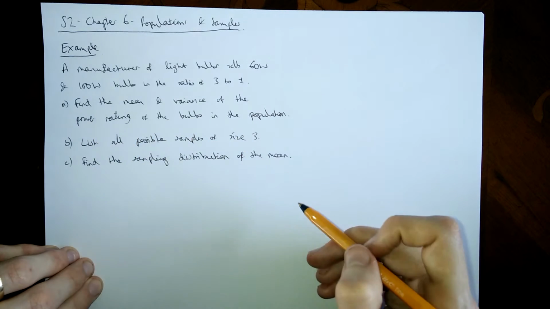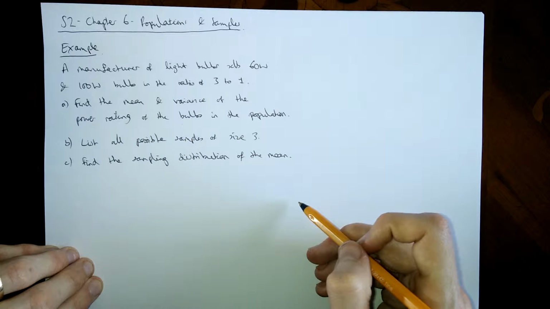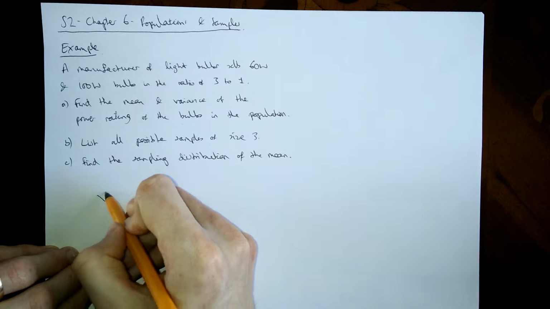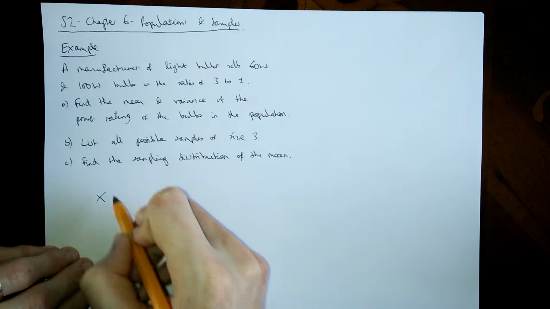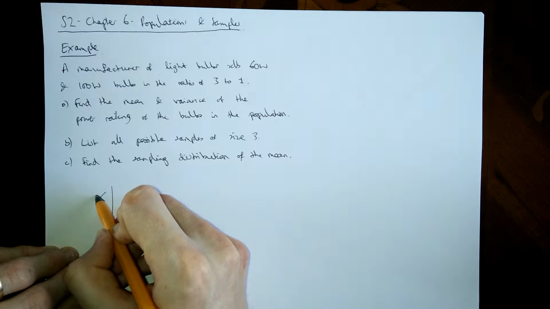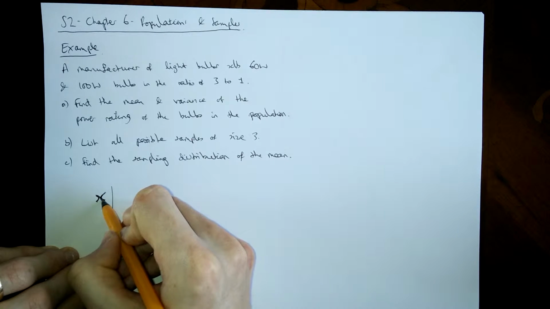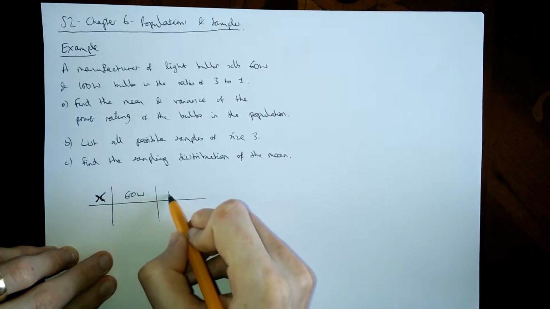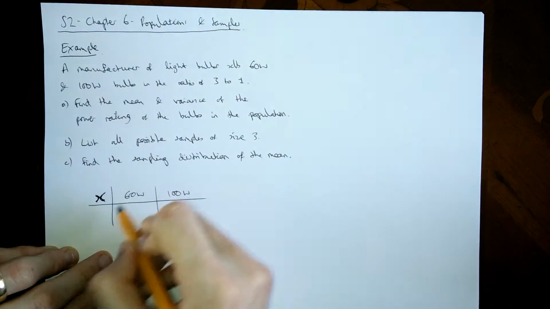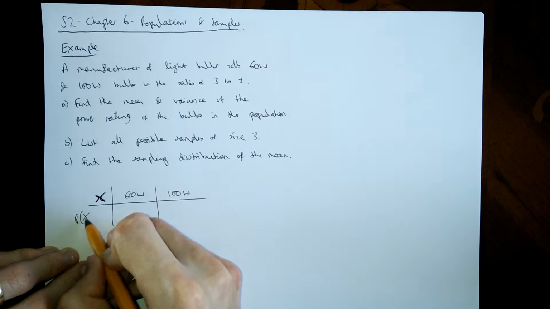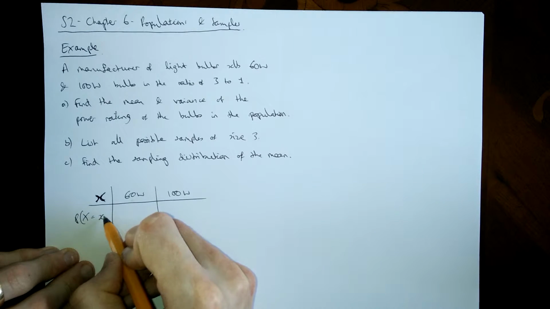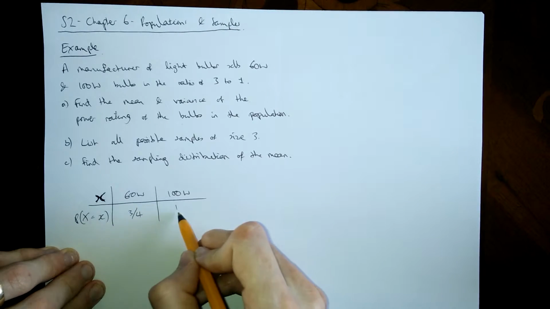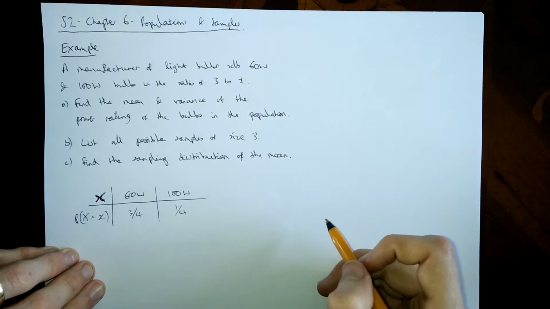So this first part A is just the same as an S1 question. We know that the power rating, X, of these bulbs, so let's just do a small x here, could be 60 watts or it could be 100 watts. And we know from these numbers here that the probability that our power rating is equal to 60 watts is 3/4, and the probability that it's 100 watts is 1/4. Just look at the ratio there.